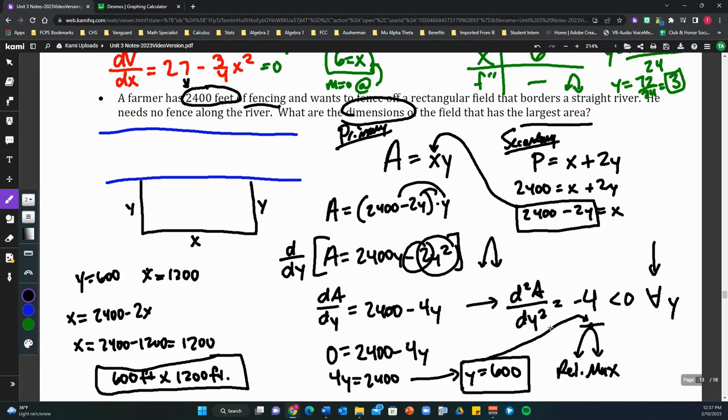Once we've simplified that, we'll do our calculus to find our derivative, and then our critical numbers. From there, we can decide if we want to do the first derivative test or the second derivative test to identify any relative extrema. And then we can work backwards and find all the dimensions, or whatever values of x, y, or whatever the variables are that we need to find for the problem.